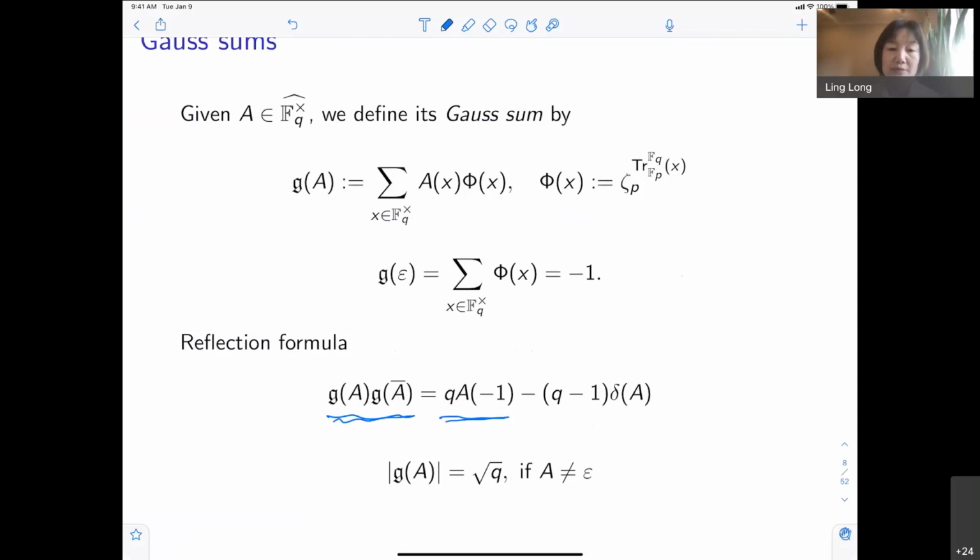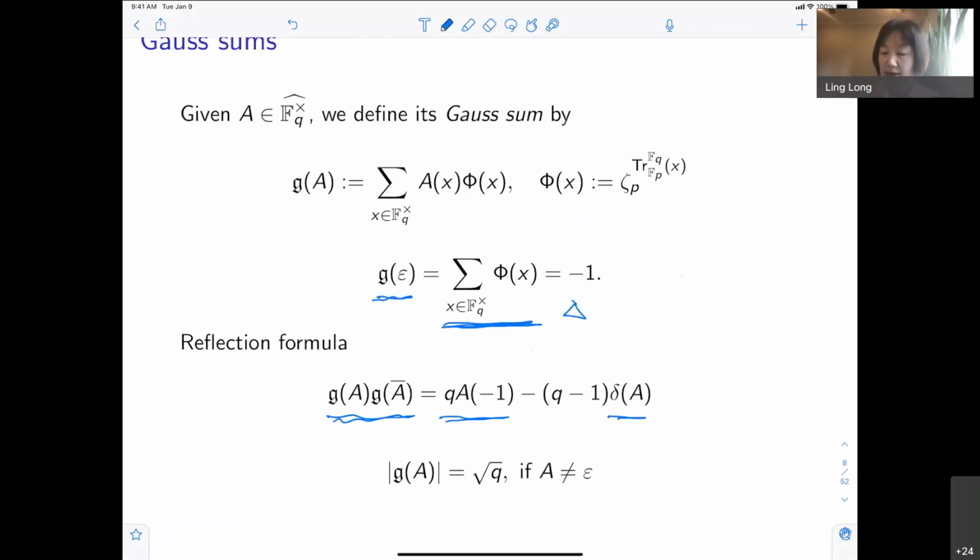Of course, the story is different for the trivial character. If you compute the corresponding Gauss sum, it is adding up everything inside the additive character except 0, so the whole thing becomes minus 1.